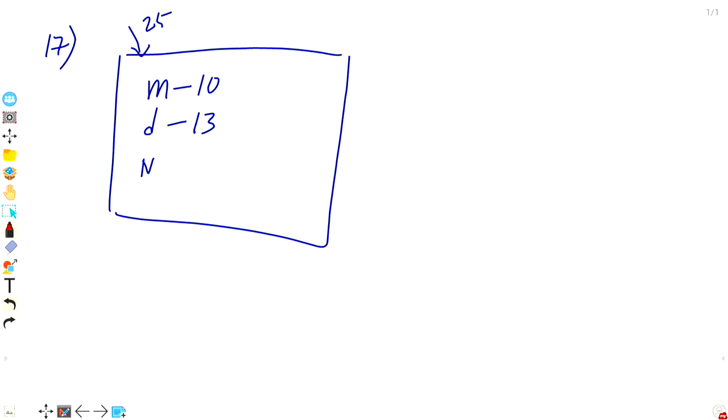What is the chance that a chocolate chosen randomly is milk? So 10 divided by 25, right? So that question is very easy. Okay. Next question.